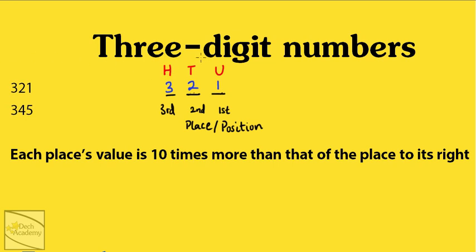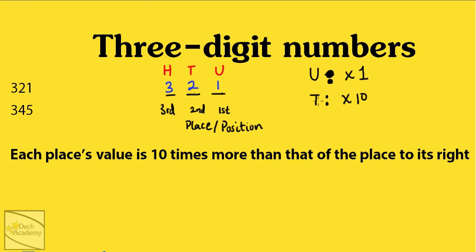Now, in the units place, let's break it down for you. If you want to find the value of a digit in the units place, all you have to do is multiply the value by 1. If you want to find the value of a digit in the tens place, all you have to do is multiply that digit by 10.